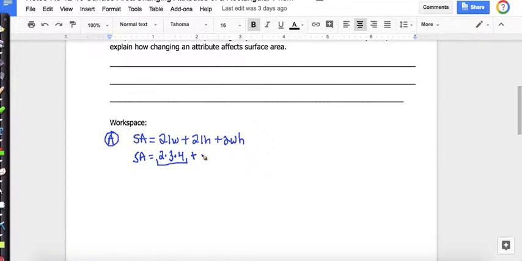Bring down your plus sign, 2. The length is 3. And the height is 2. Box it in. Bring down your plus sign, 2 times the width, and the width is 4, and the height is 2. Box it in.